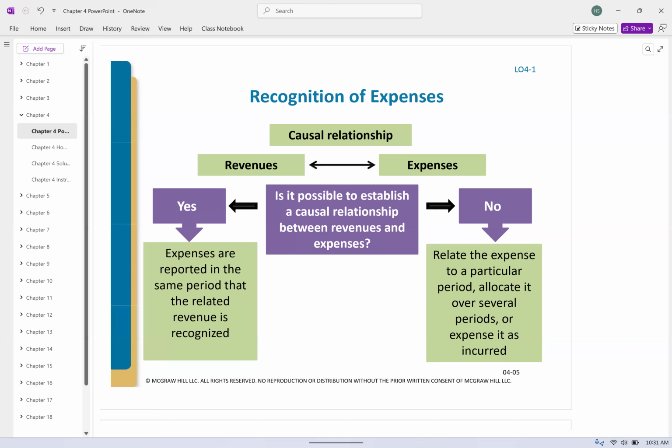If you just think about one building in Walmart, one warehouse, if they decided not to allocate it over so many periods and they just had one big expense in the year they purchased it, what would happen to net income? Net income would plummet, but that's not a really good representation either because that building's going to last us a long time. Okay. So some things are going to get expensed as incurred.